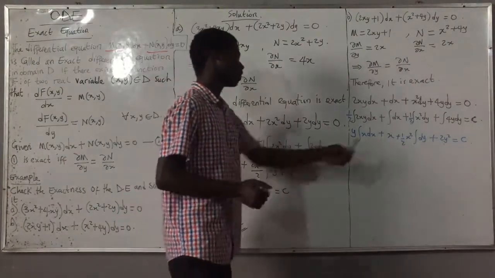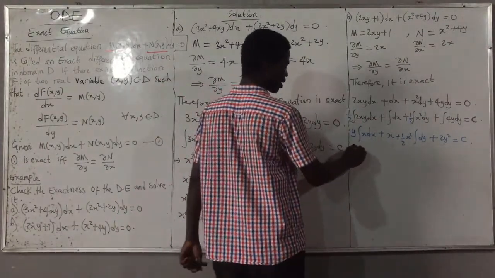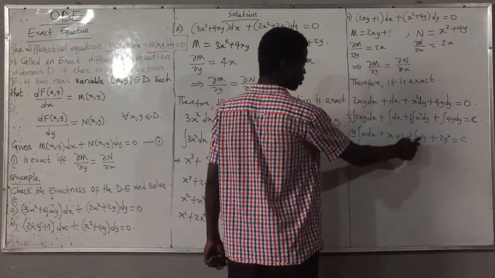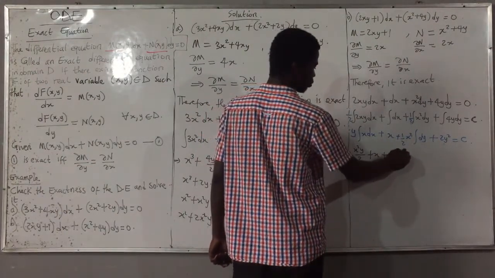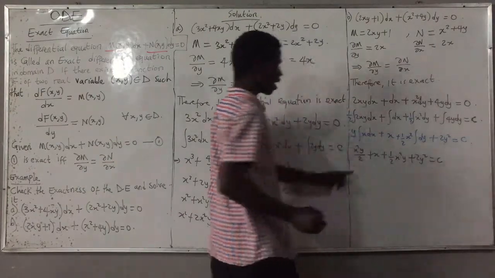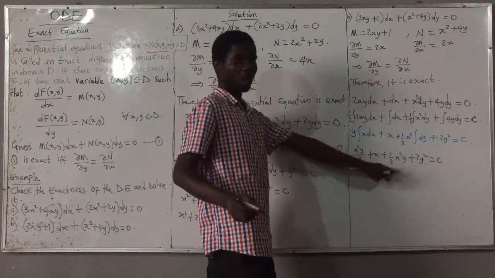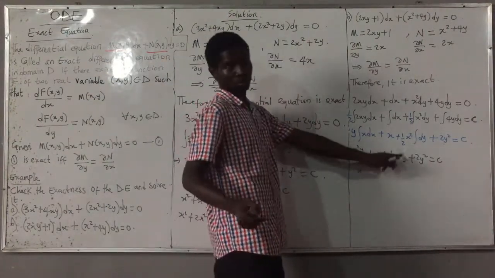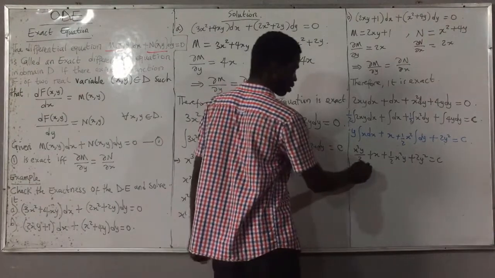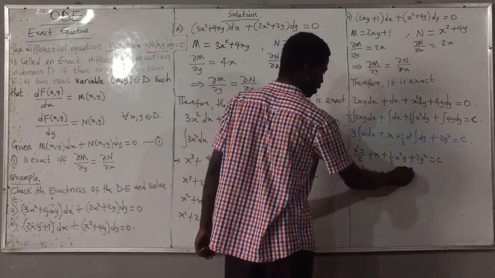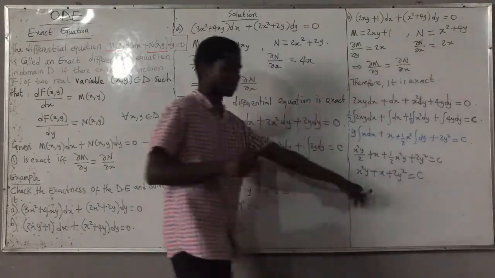So if we integrate, this one will be x²y/2 plus x, plus this one too, 1/2 x²y plus 2y² equal to C. x²y/2 plus x²y/2, the answer is x²y, plus x plus 2y² is equal to C.